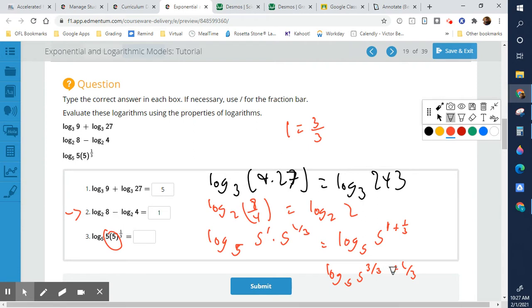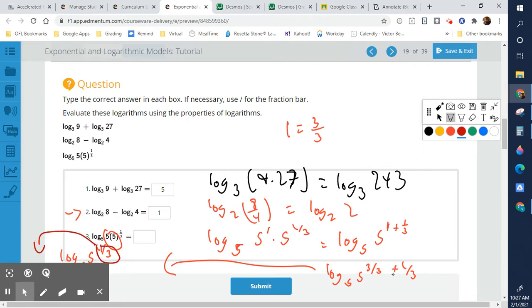So now I end up getting log base 5 of 5 to the 4 over 3. Well, there's actually a pretty cool property. Remember with the exponent, I can take this exponent and move it to the front.